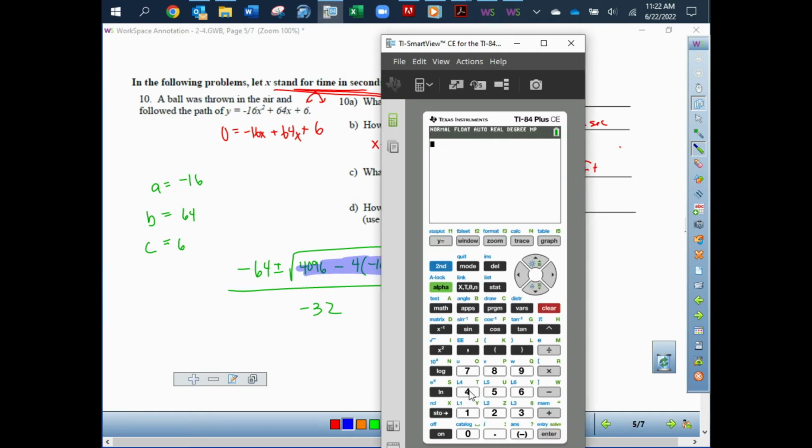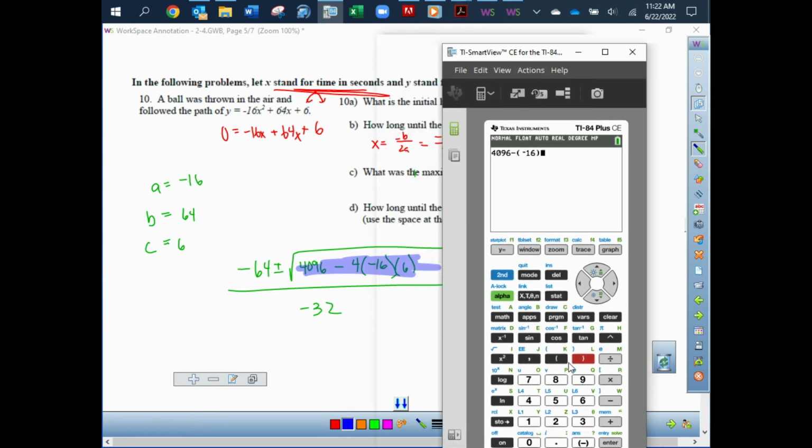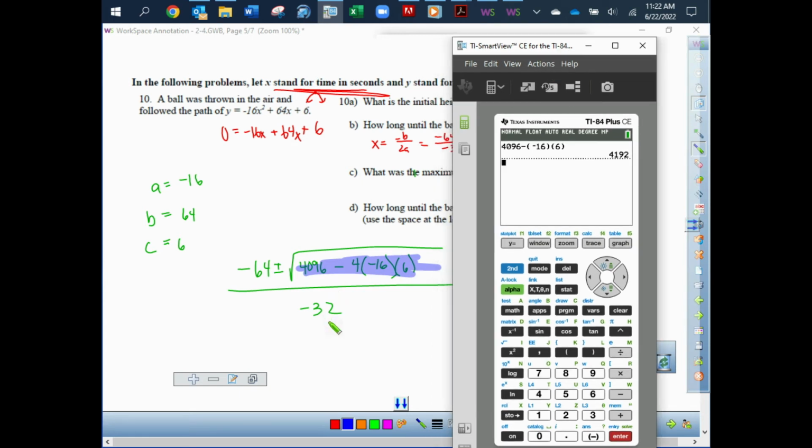Remember, we're just going to do the 4,096 minus, and just punch that in, negative 16 times, what was it, 6. Make sure I punched it in right. And I got 4192, so cool, cool, cool.